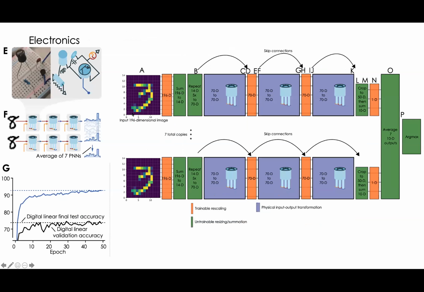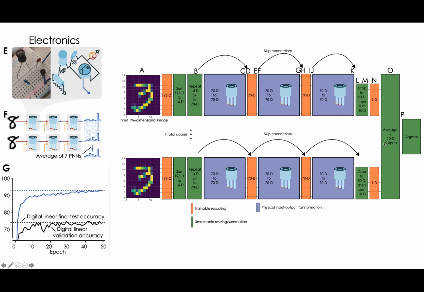And then this is the electronics system. This is something I have no idea what it is at all. But what's interesting here is, let me put it this way, this part is similar to the mechanical one, but the difference is that they actually have 7 channels, 7 total copies.